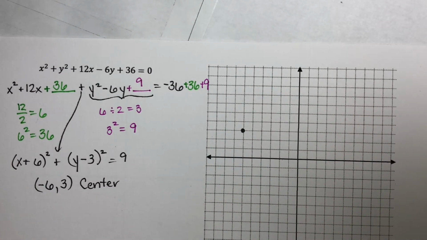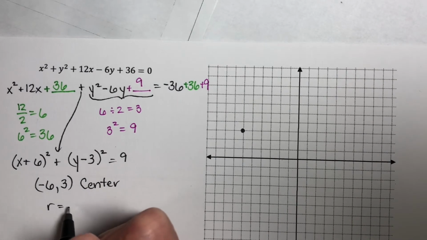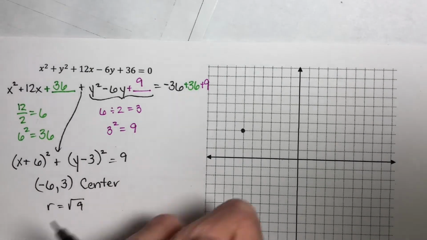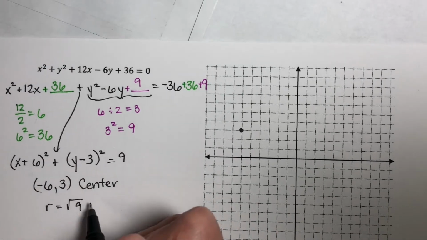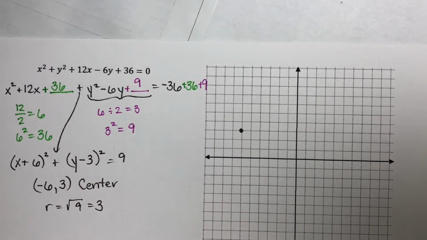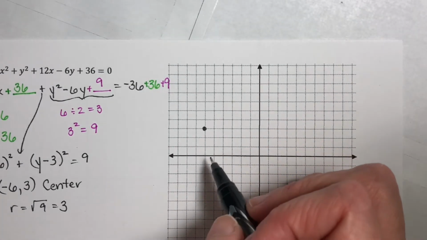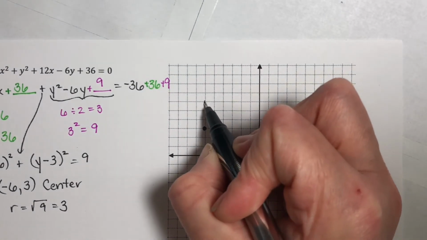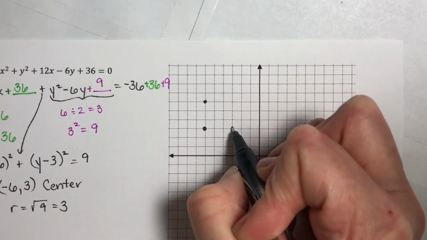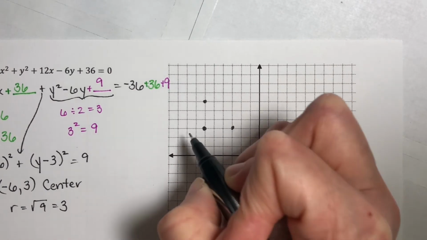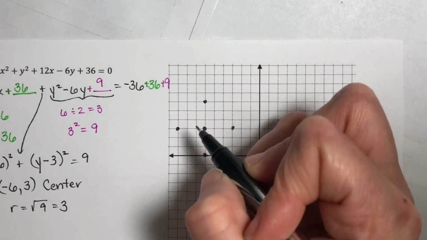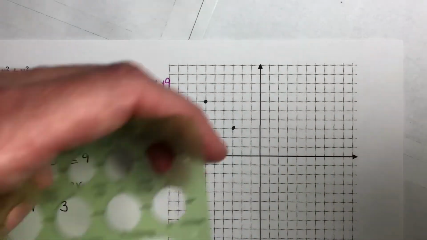Okay, now what is the radius? The radius is the square root of 9, and the square root of 9 is 3. So from my center, I go out 3 units in every direction, and then connect these with a circle.